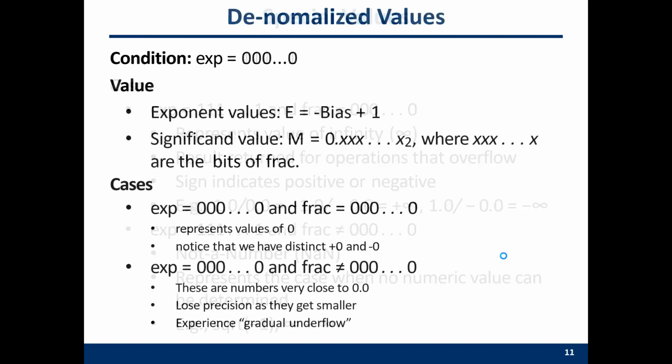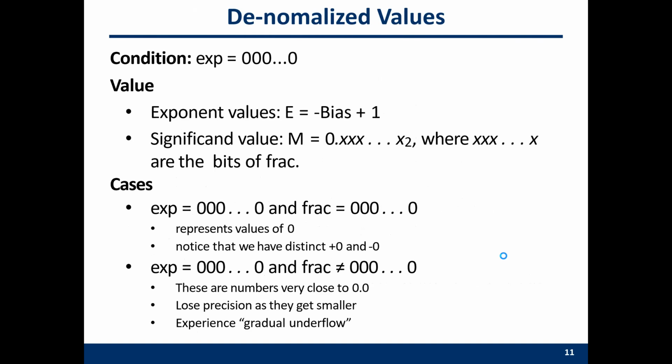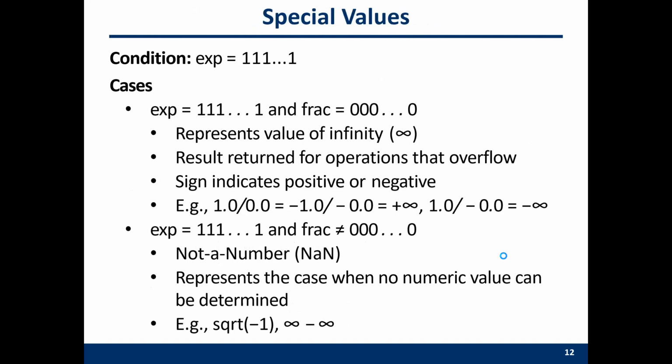If EXP is all zeros, it can represent 0, or a very small value close to 0, larger than -1 but smaller than 1. And the last case is when the EXP is all 1s. If the fraction is all zeros, then it's an infinity, positive infinity or negative infinity. If the fraction is not all zeros, then it's not a number.